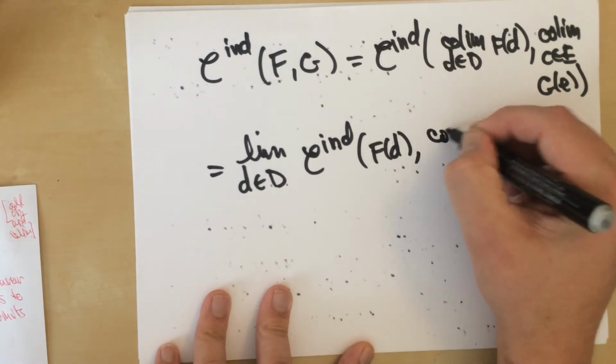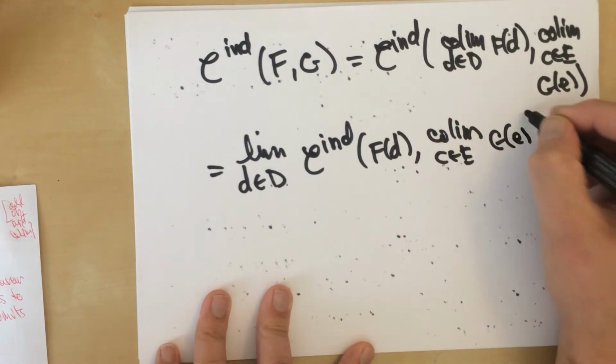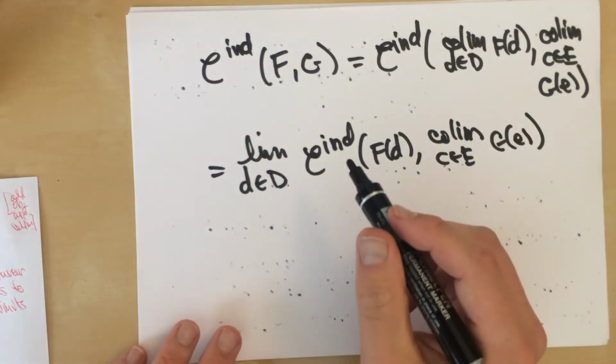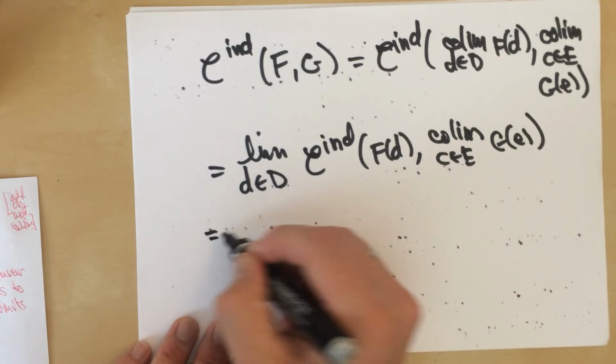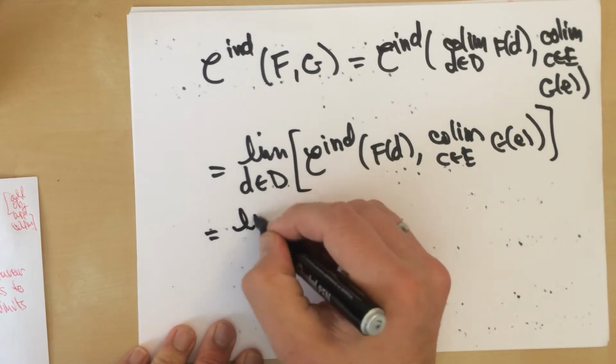Okay, so we have this object here. So this is kind of just a general fact. The next fact that we're going to use is we're going to do analysis on this piece, and we're going to use this compactness.